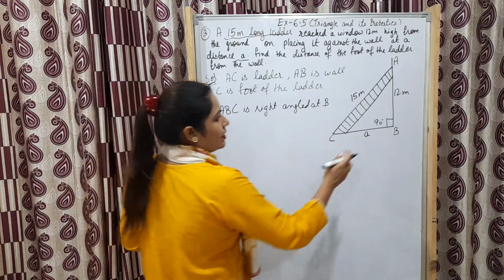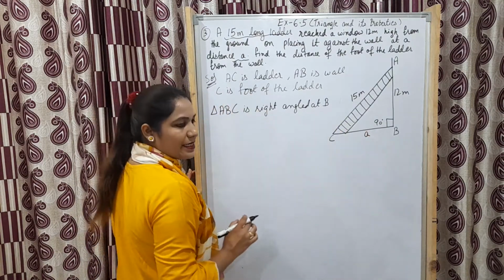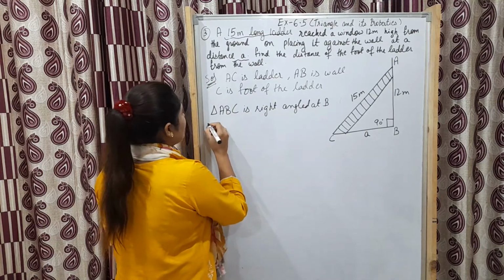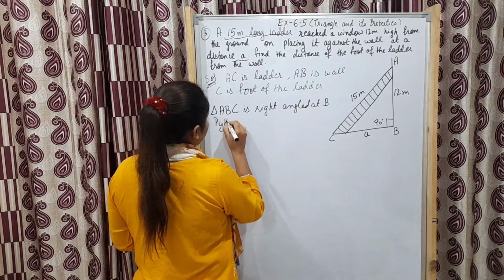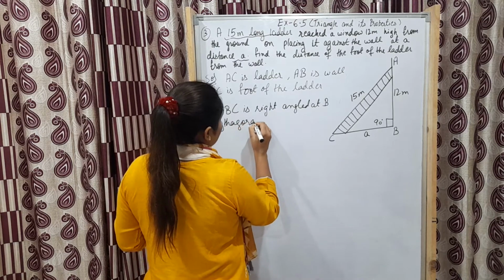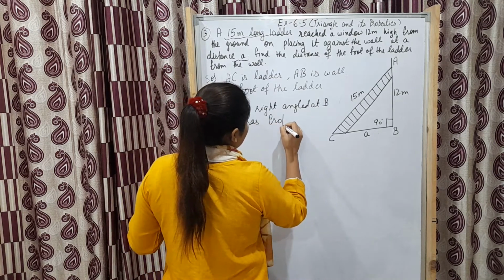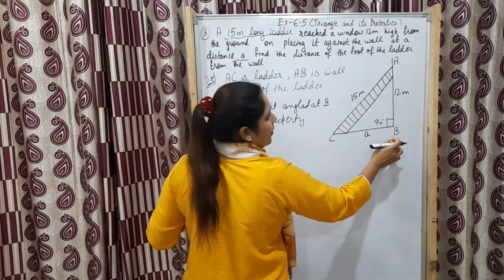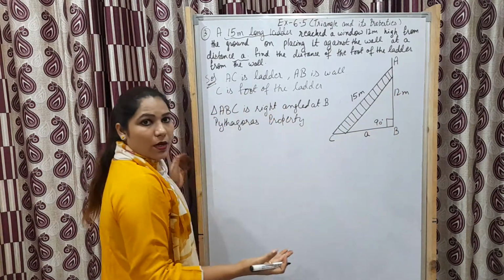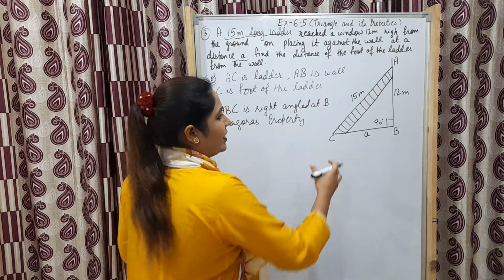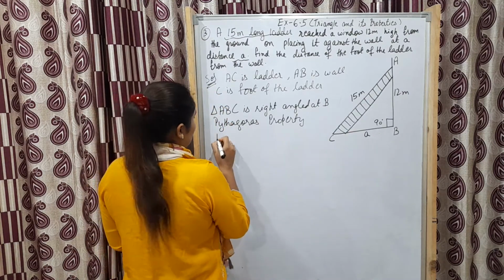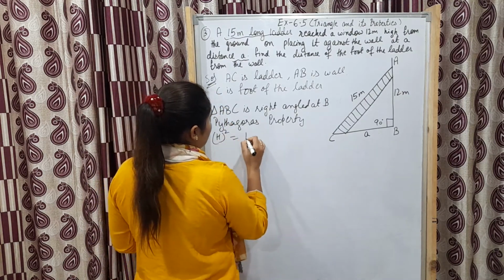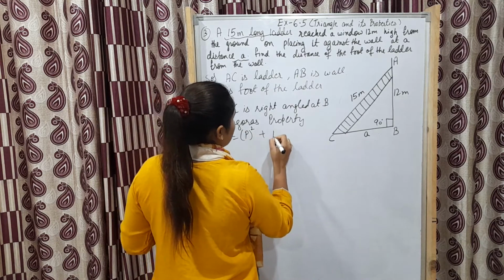It is right angle at B. Now by using Pythagoras property, because it is right angle triangle, we can use hypotenuse, base and perpendicular. So by using that property we will find the value of BC. So hypotenuse square is equal to perpendicular square plus base square.